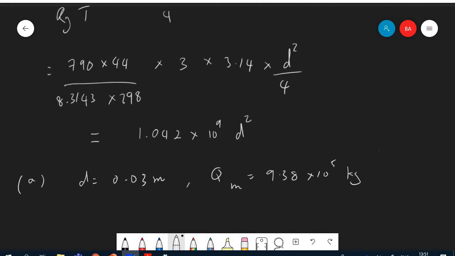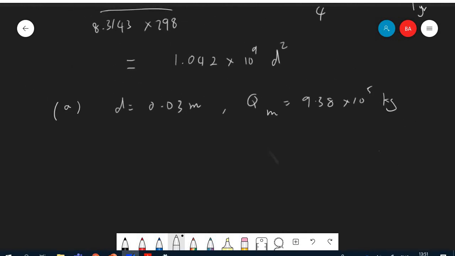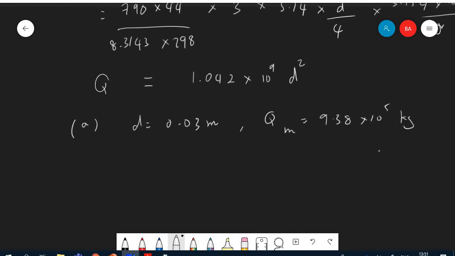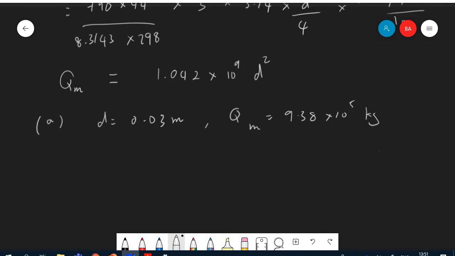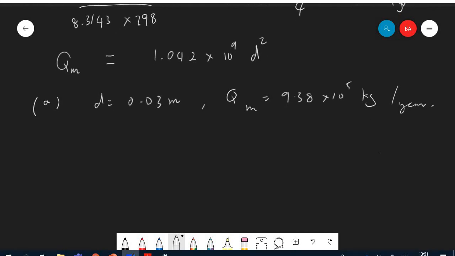I forgot to show you that we have multiplied by 3.154 times 10 to the power 7 seconds per year, because we want to see how much per year. So this is the amount in kilograms that I have per year.